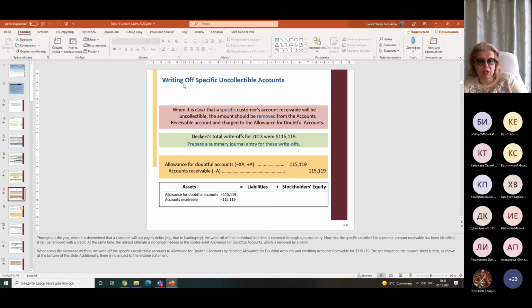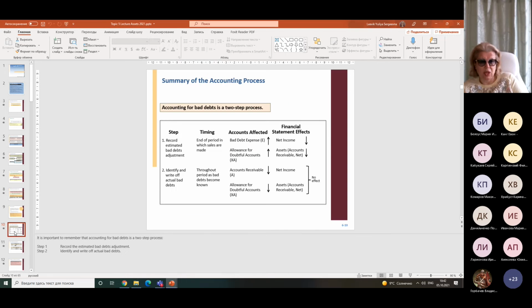What is important is that if the company already created an allowance for doubtful accounts, then at the moment of writing off specific uncollectible accounts, instead of an account from the income statement, we use this allowance for doubtful accounts in correspondence with accounts receivable.